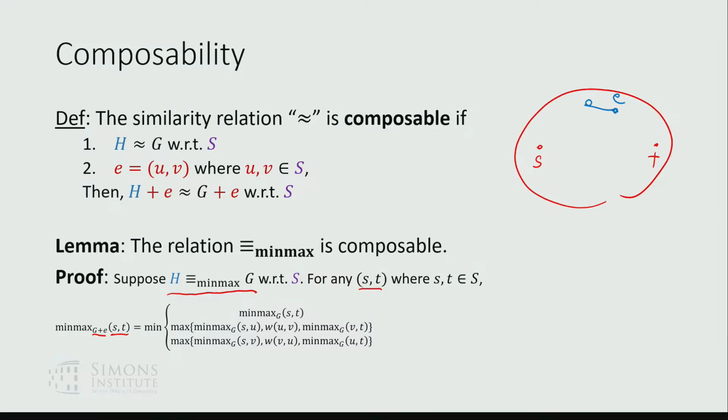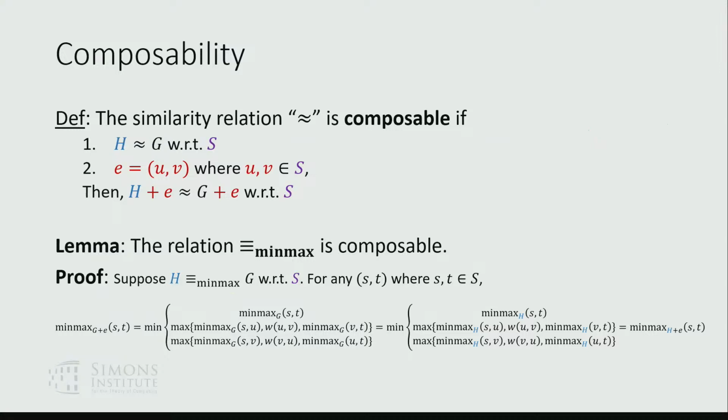So it could be the min-max of the old graph. Or the min-max path might be the one where you go from S to U, let's say this is U, and then go from V to T. Otherwise, it might be another one, which is going from S to V first, and from U to T. So these three cases, that's how you just minimize over all three cases here. That's the min-max from S to T in the graph G plus e.